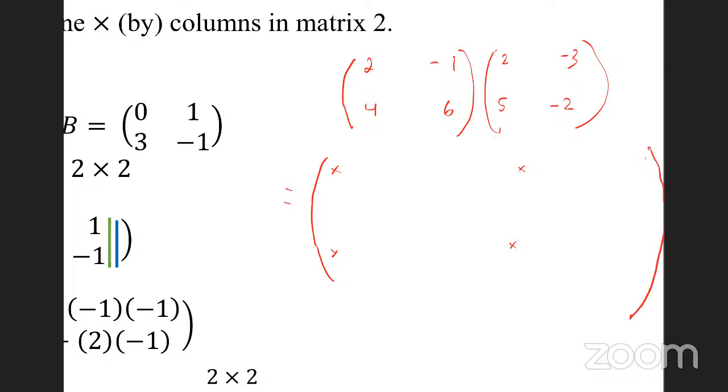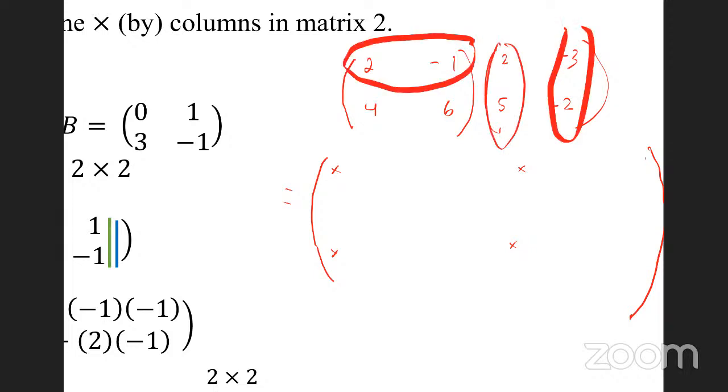Right, how do we multiply? Remember the golden rule, Faith. Rows by column. Rows in matrix 1 by column in matrix 2. Okay? So you're multiplying this row by all the columns.